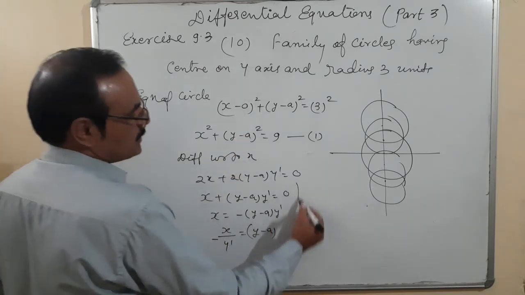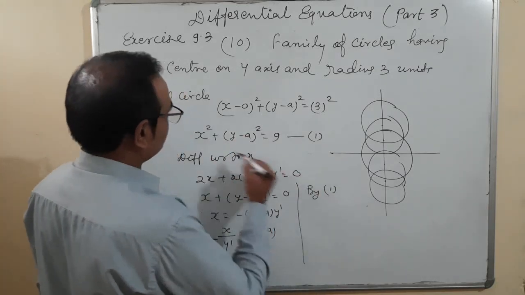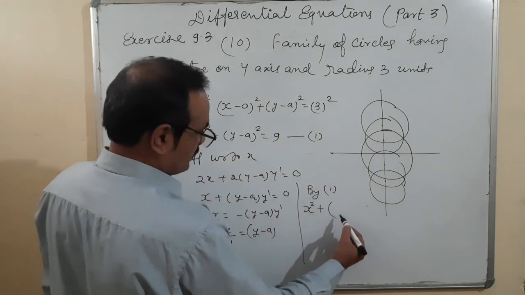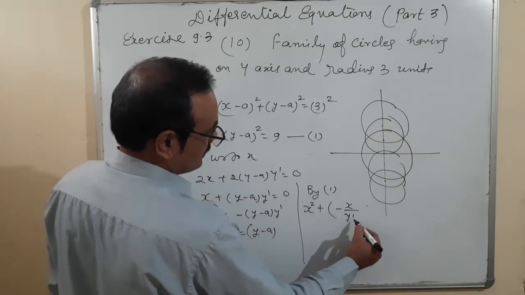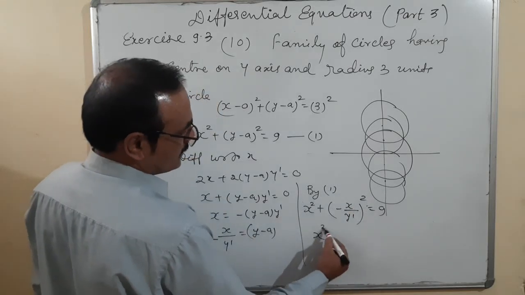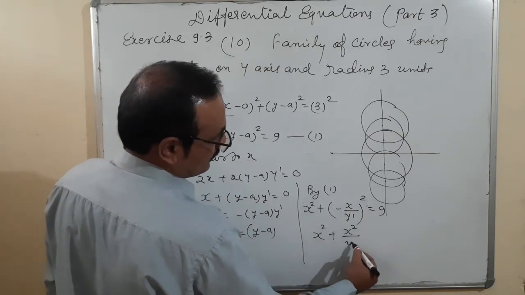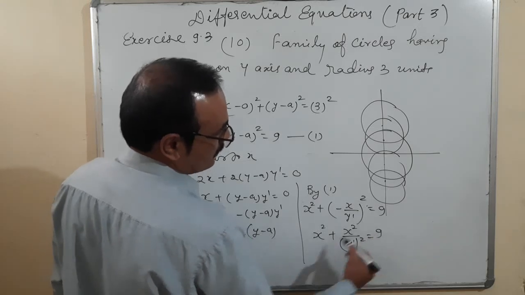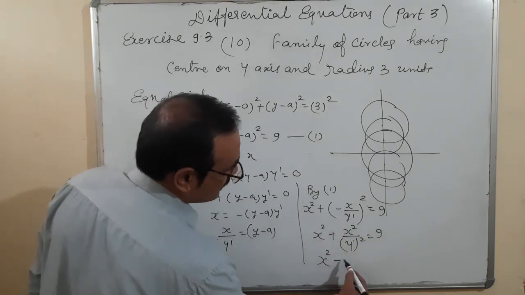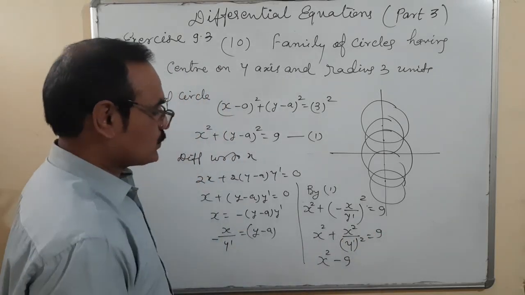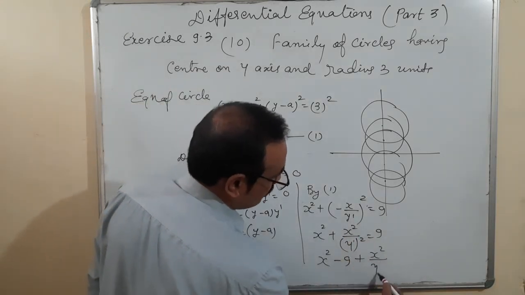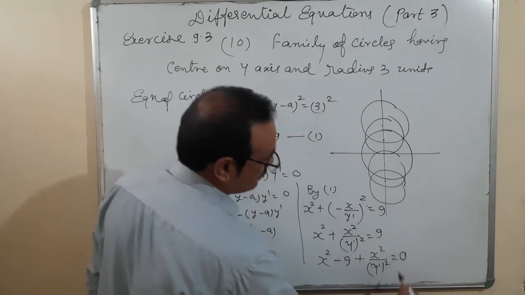This value will be substituted in 1. x square plus y minus a whole square, so minus x upon y dash whole square is equal to 9. So this is coming x square plus x square upon y dash whole square is equal to 9. So that is coming x square minus 9 plus x square upon y dash square is equal to 0.